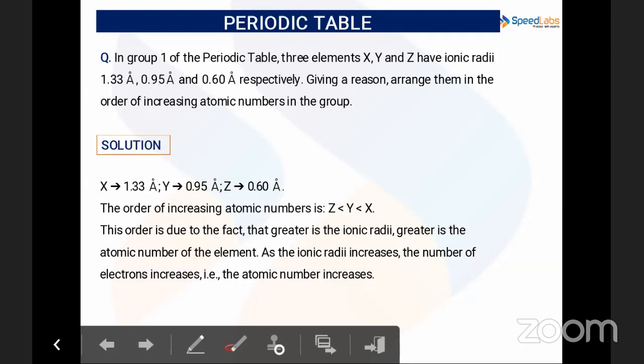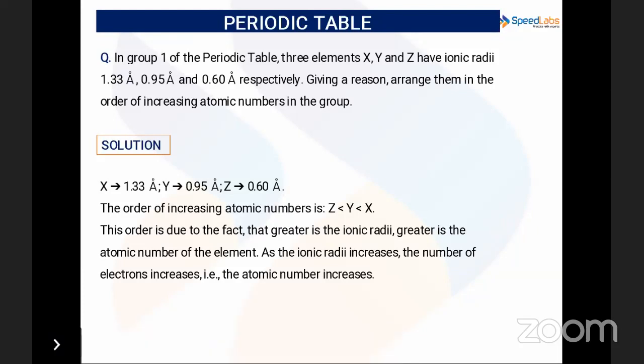If the ionic radii is greater, then the atomic number of the element will also be greater. So as the ionic radii increases, the number of electrons increases, and as a result the atomic number also increases. As we move from top to bottom in the periodic table, the number of shells increases.